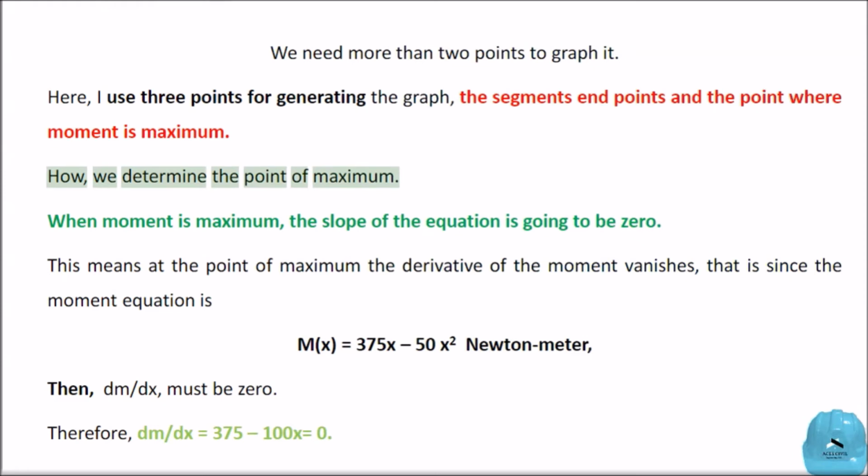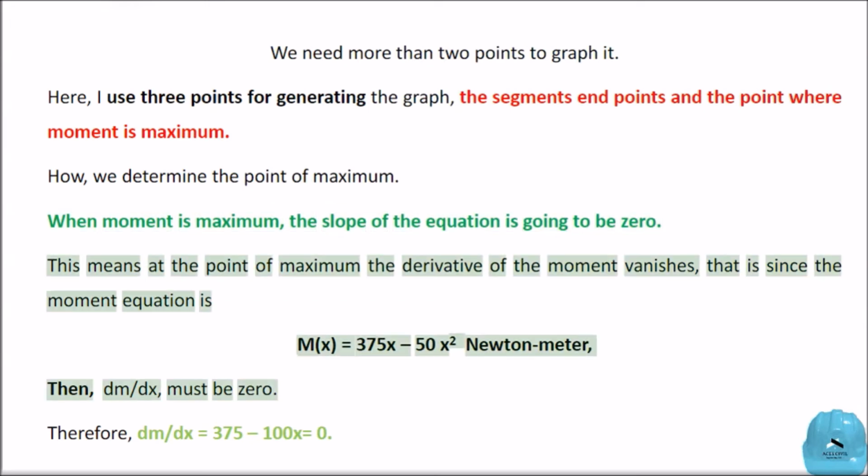How do we determine the point of maximum? When moment is maximum, the slope of the equation is going to be 0. This means at the point of maximum the derivative of the moment vanishes. Since the moment equation is M(x) equals 375x minus 50x² Newton meter, then dM/dx must be 0.